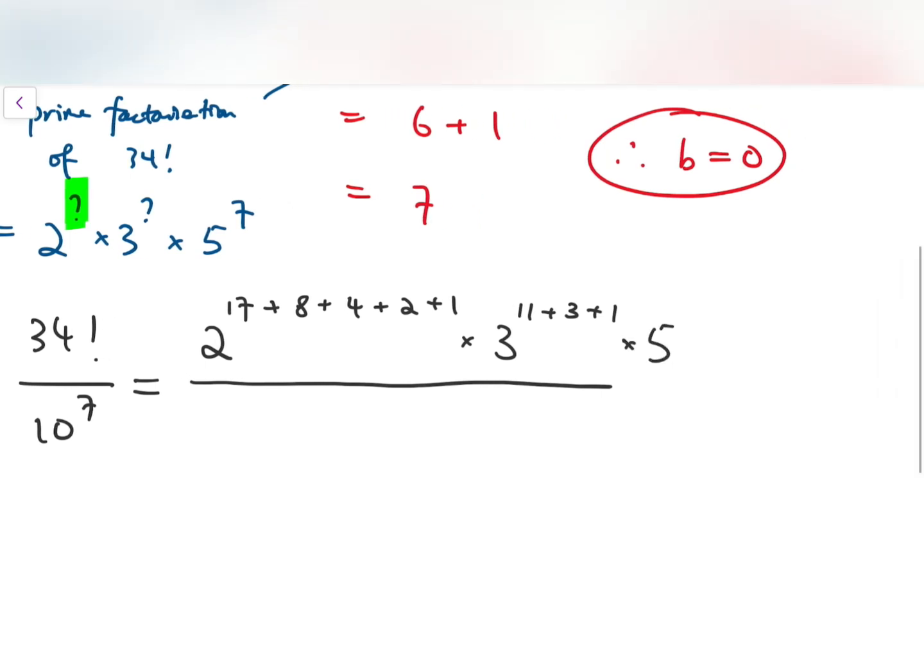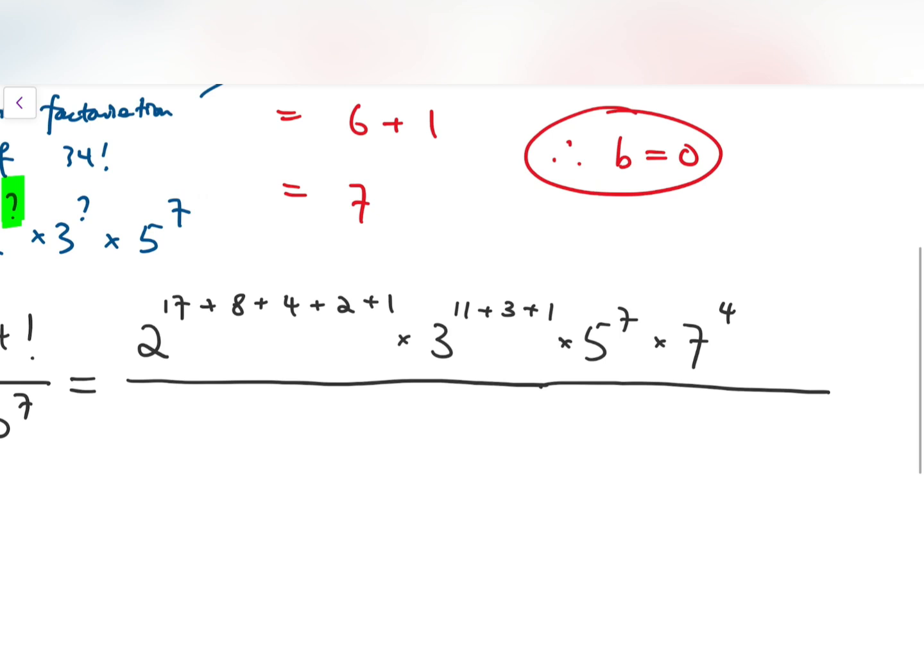And for the power of 5, we know it's 7. We've done that already. That's because we have 6 multiples of 5 and 1 multiple of 25. While for 7 and afterwards, that should be much easier because we don't have any prime squared anymore.